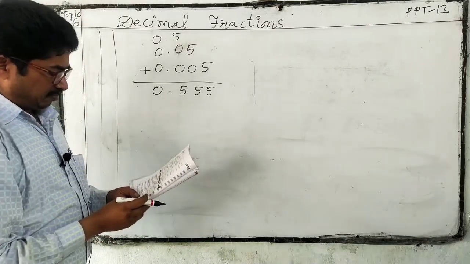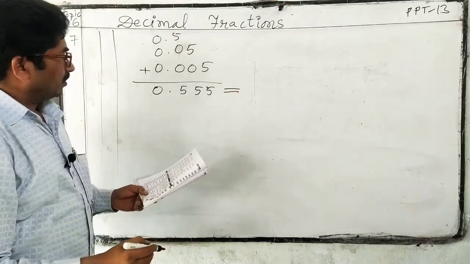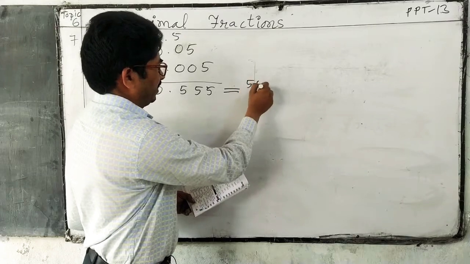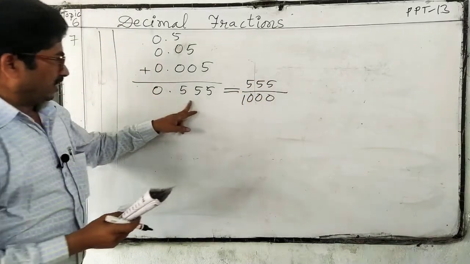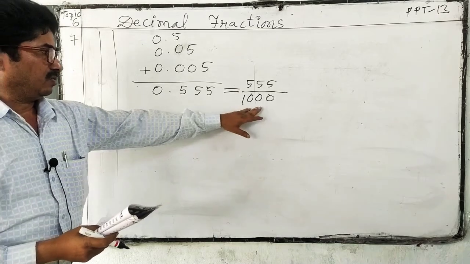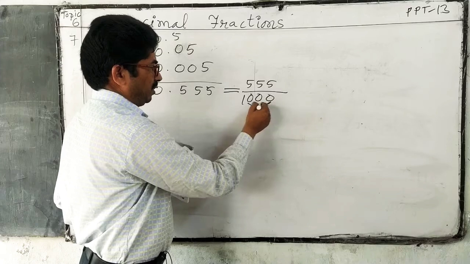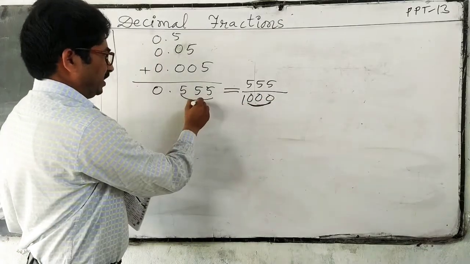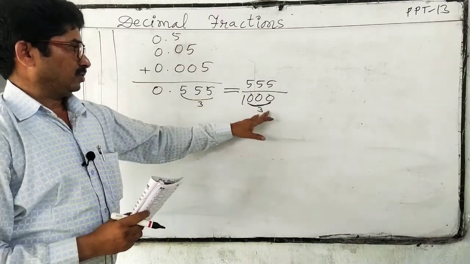this is not there in these options. That's why we have to make this in fraction form. 555 by 1000. Here we have 3 decimal places, that's why we write 1 followed by 3 zeros.